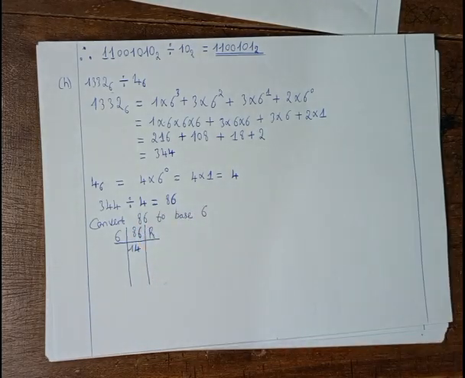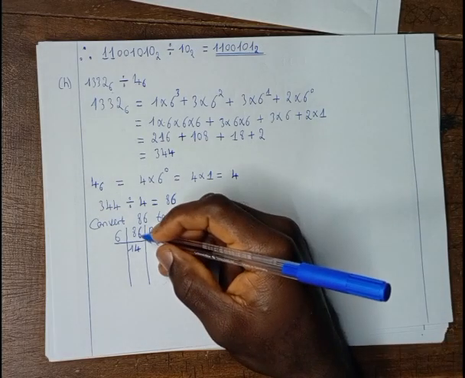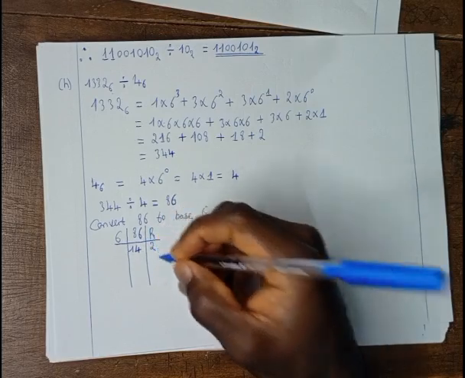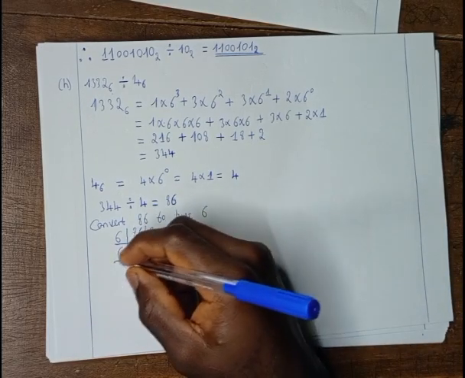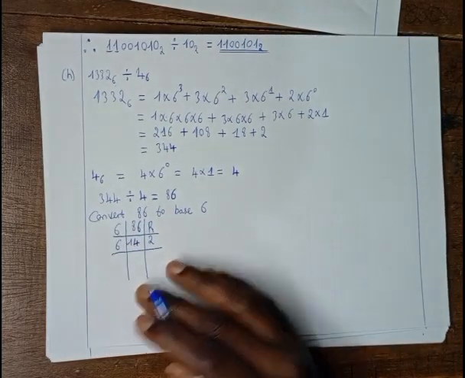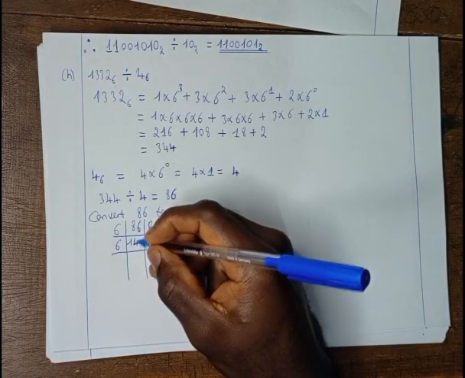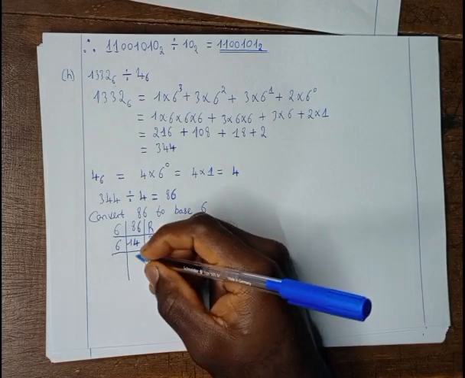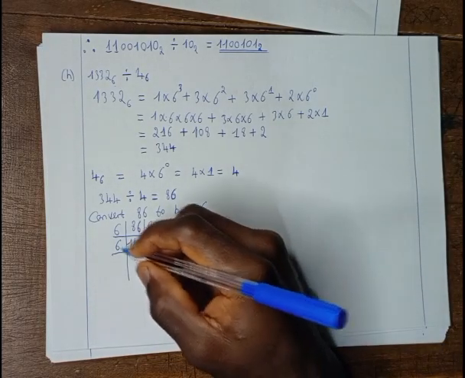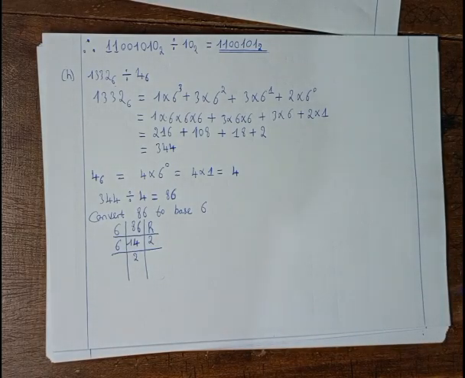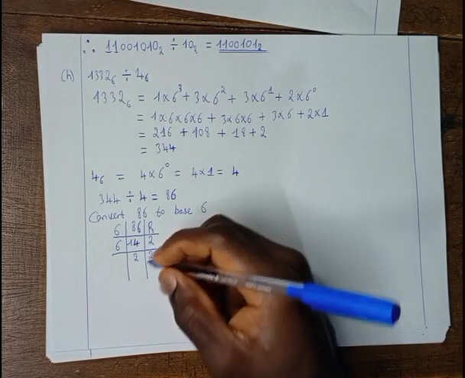For us to get the remainder, if we take 6 times 14, it gives us 84. 86 minus 84 gives us 2. We bring down 6. 14 divided by 6 gives us the whole number part of 2. 2 times 6 gives us 12. 14 minus 12 gives us 2. The remainder will be 2.